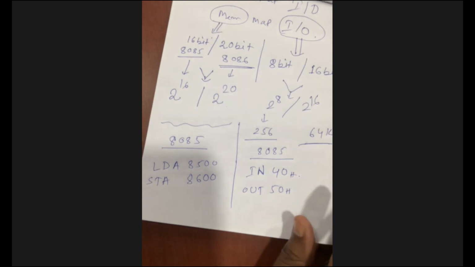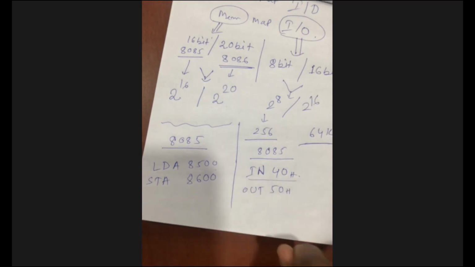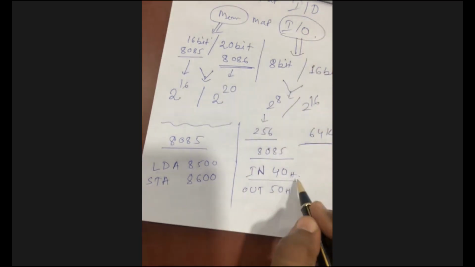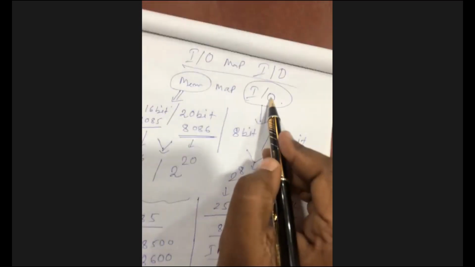What does it mean, sir? How many bytes is this? 3 bytes. And this one? 2 bytes. So in IO mapped IO, IO is an input output device.